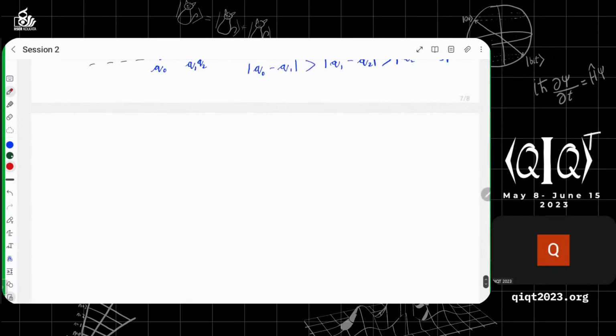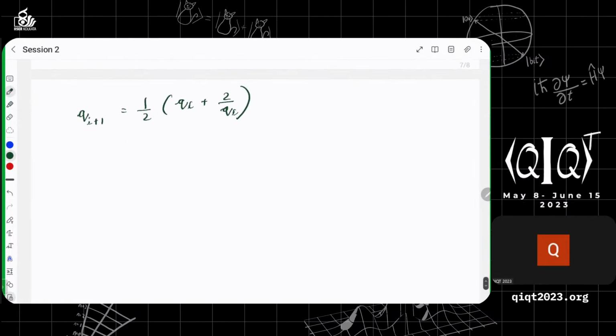So let's say we take the following updating rule for our sequence: q_{i+1} equal to half of (q_i plus 2 by q_i). Let's take this sequence. Now, we have to take some starting point. So let's start with q0 equal to 1. Okay.